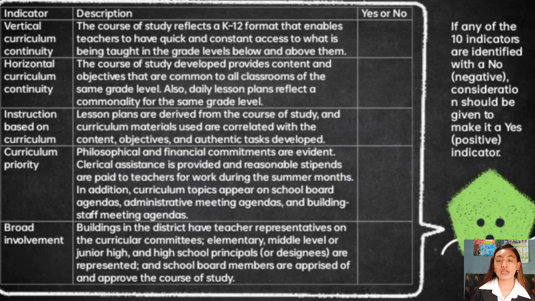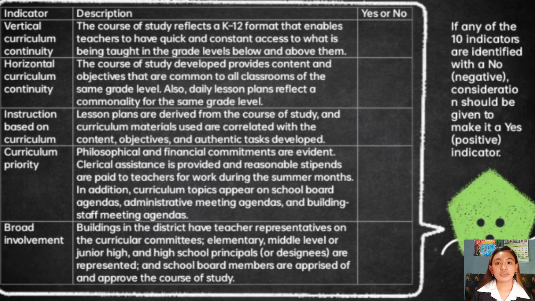The third indicator is instruction based on curriculum. So, are there lesson plans derived from the curriculum and its strategies? The fourth indicator is curriculum priority, which means the teachers who were involved in the curriculum making must be given stipends and assistance, or must be paid because they are working during summer times.